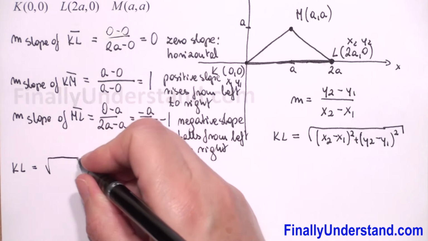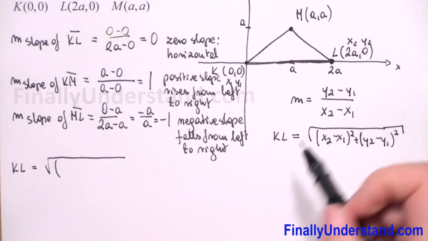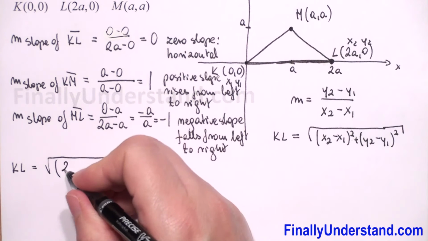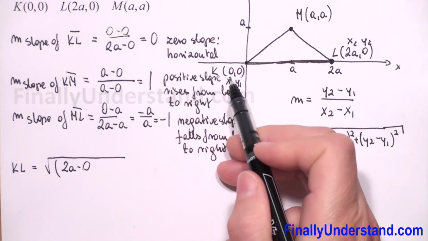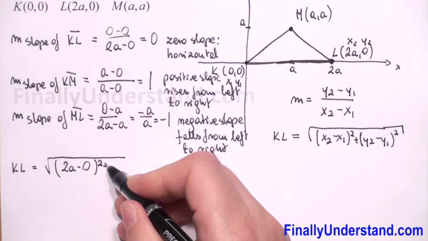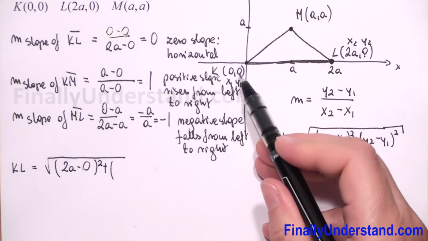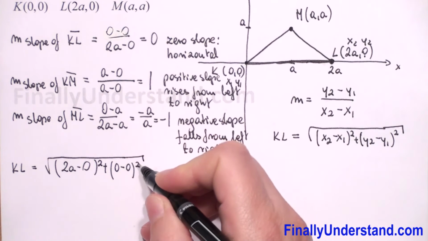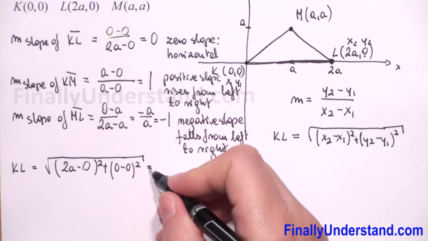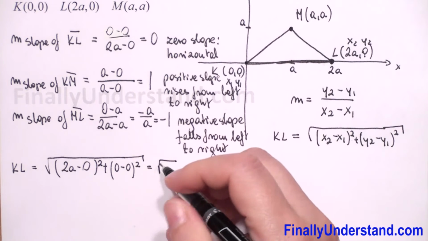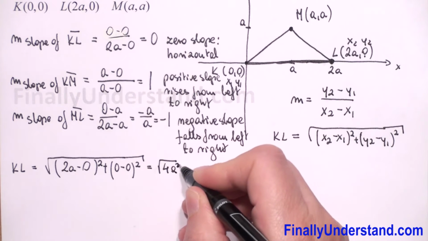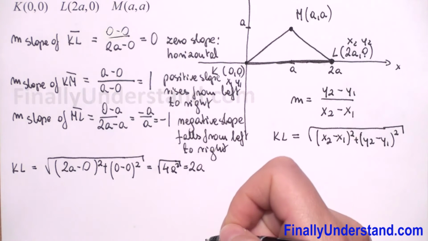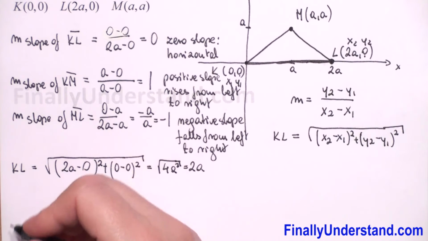So we have square root of, L is the last point, so we have 2a minus 0 to second power plus 0 minus 0. So this is equal square root of 4a squared. This is equal to 2a. a is positive number.